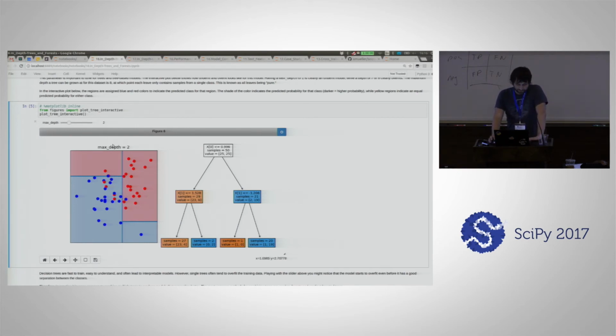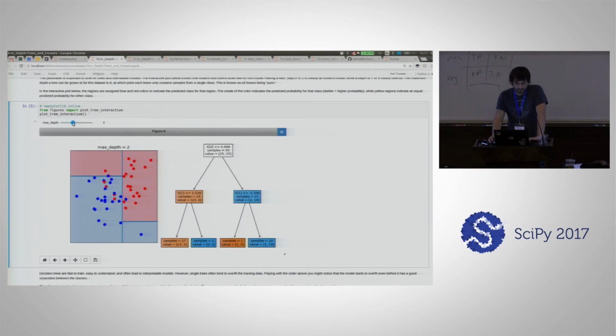On the left-hand side, you can split here, asking if x1 is smaller than 1.528. If so, you're in the top here and you classify it as red. Otherwise, you're in the bottom here and classify it as blue. And similarly, you do the same on the other side.